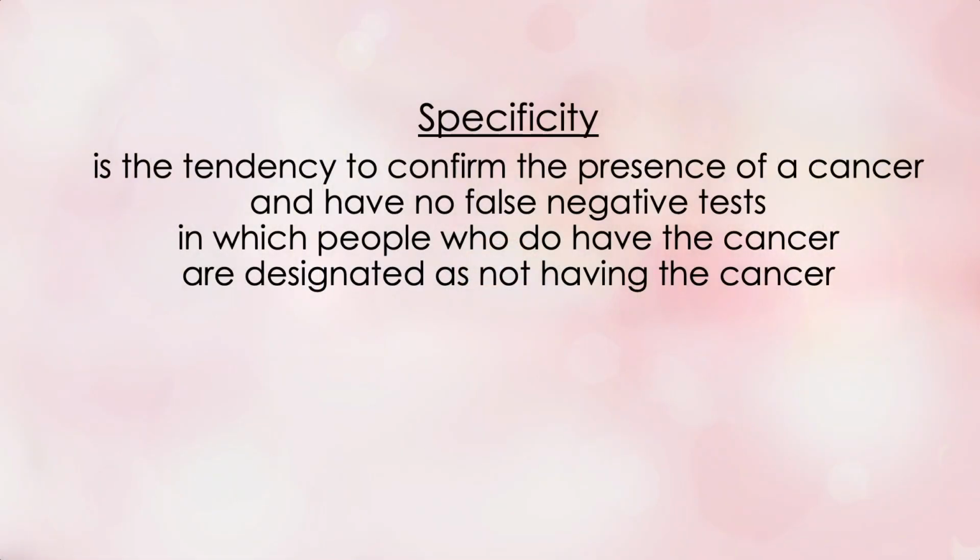So specificity is the tendency to confirm the presence of a cancer and have no false negative tests in which people who do have the cancer are designated as not having the cancer. This makes sense when you're trying to pinpoint the cancer and give it a name that defines its personality.